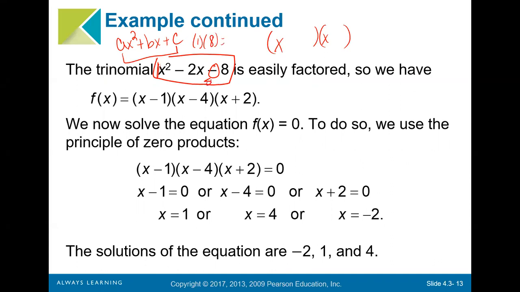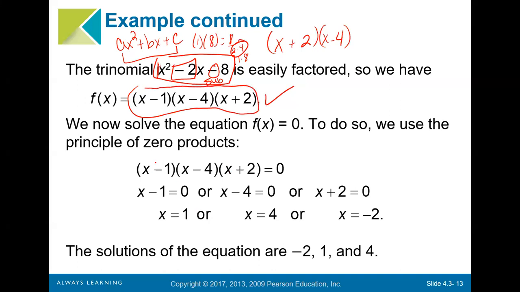The sign on c tells us if we add or subtract. It says subtract to get b. And b is negative 2. So what is the product of 8? 8 is 2 times 4, or 1 times 8. I need one of them to subtract to give me negative 2. So I'm going to go with 2 and 4. And we need it to be a negative 2, so the 4 gets a negative sign. So here we go. Check. This is how we got the whole thing factored form.